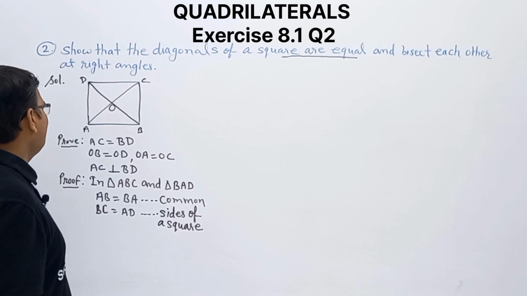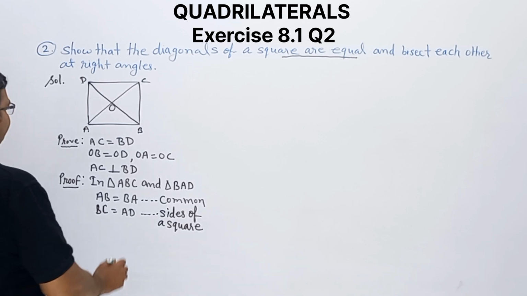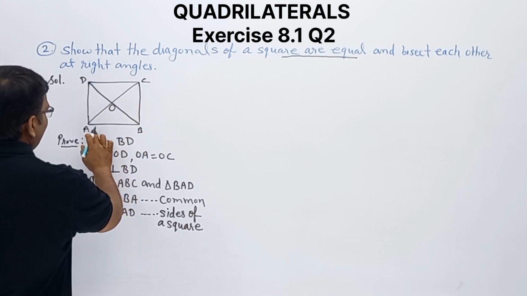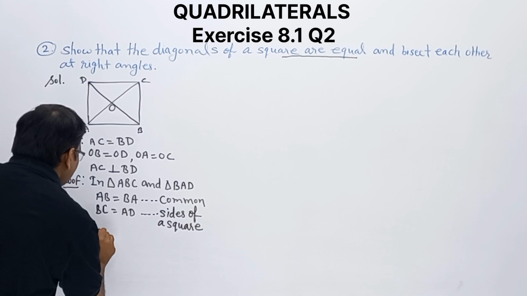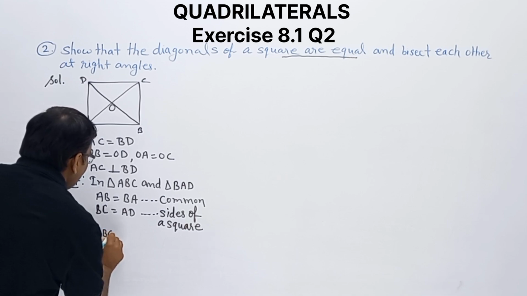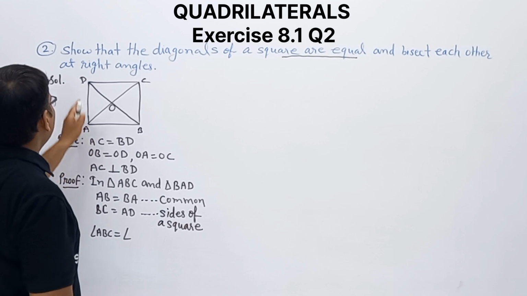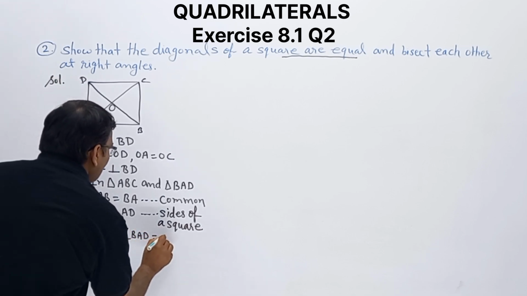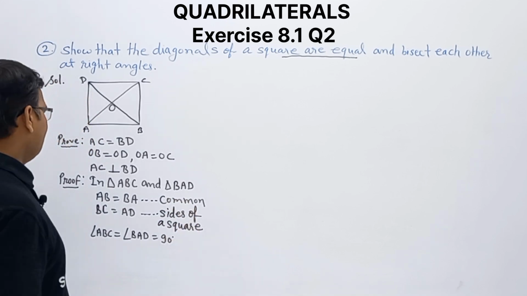One more thing required. In this triangle ABC, angle ABC equal to angle BAD equal to 90 degrees.